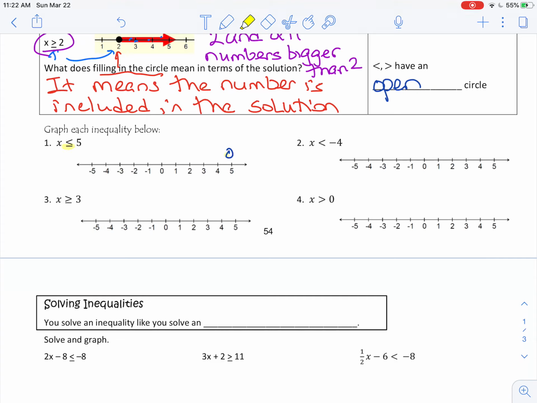Then you decide, well, if there's an equal sign, that means we're going to fill it in. So then fill in the dot. And then we want all the numbers that are smaller than 5. So think of a number that's smaller than 5, like 4 or 0 or any negative number, and draw your graph going that way. Don't forget to put an arrowhead.